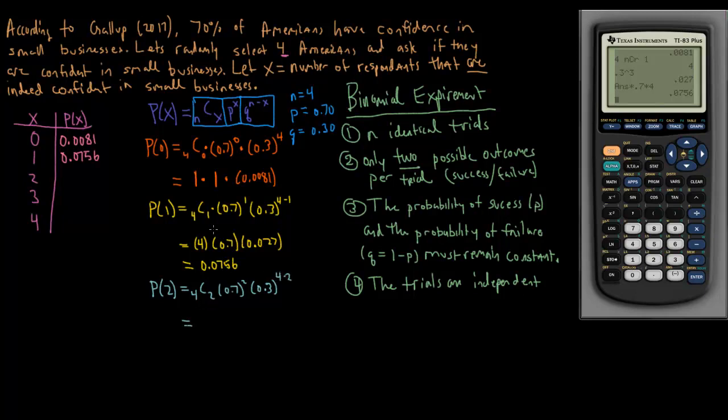Now let's see. 4 choose 2. Go over here. 4 choose 2. That's 6. You could do that by hand if you wanted to. We talked about the formula in Chapter 4. I wouldn't really necessarily worry about it. Let's see. 0.7 squared. Okay, 0.7 times 0.7. 7 times 7 is 49, so 0.7 times 0.7 is 0.49.